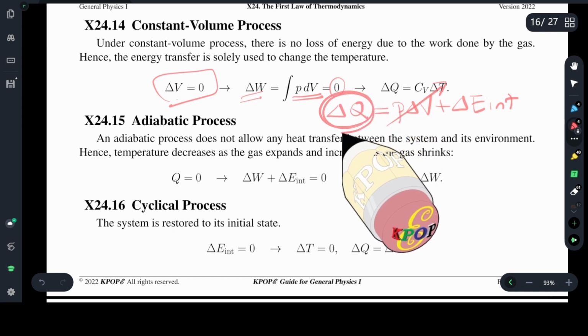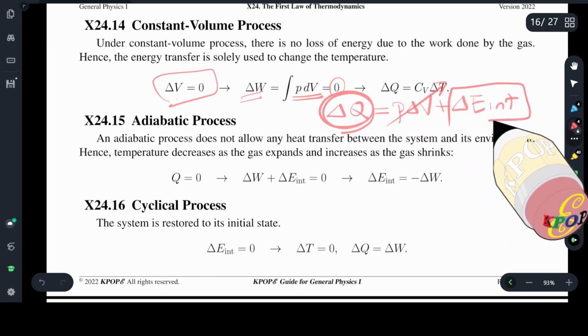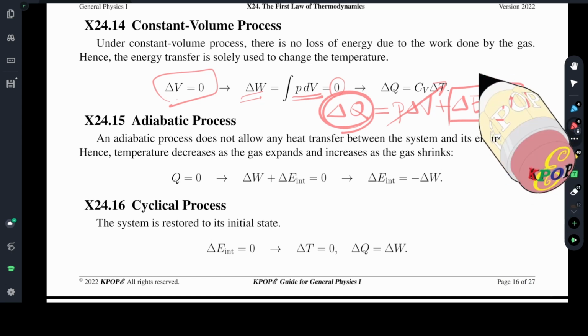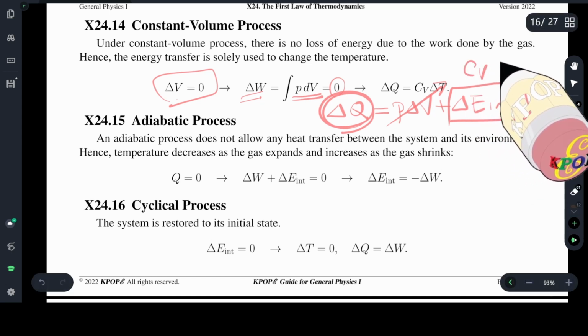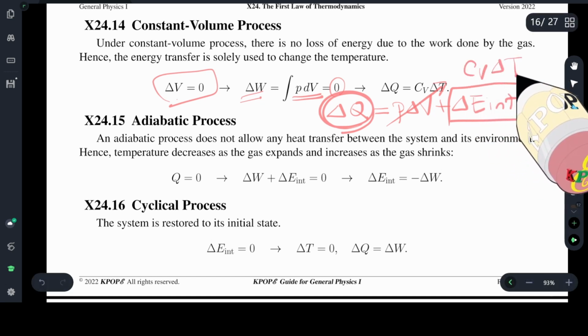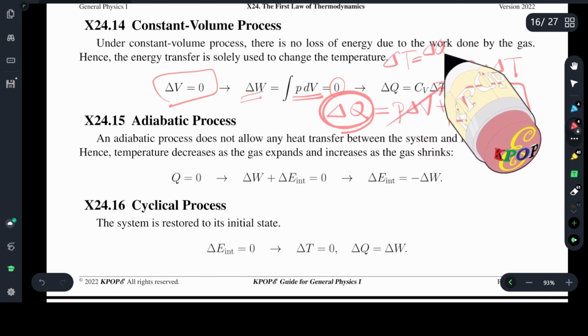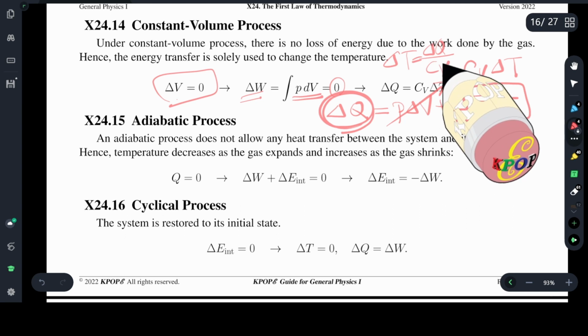Therefore, the supplied heat is completely transformed into internal energy, and internal energy is C_V times delta T. So the temperature changes by delta Q over C_V. All right.